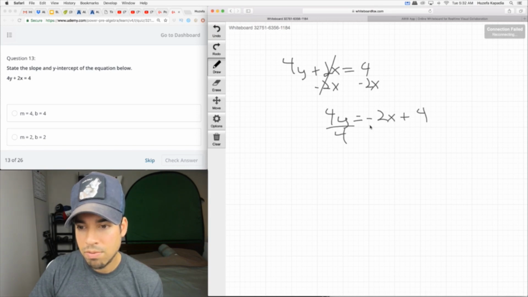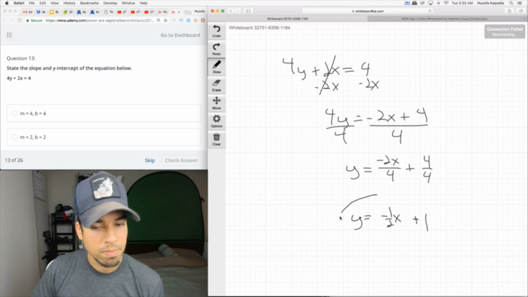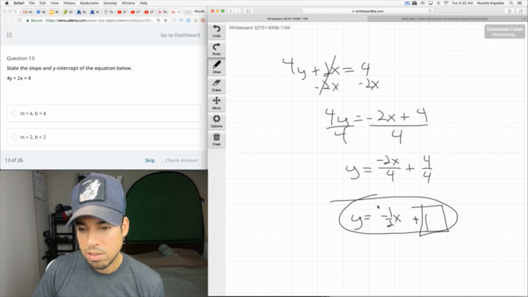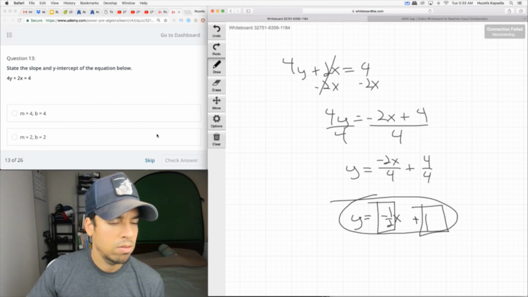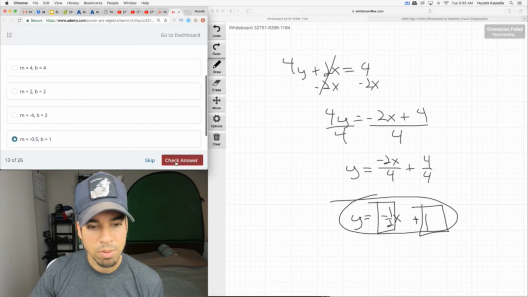Divide both sides by 4, and we get y equals -2x over 4 plus 4 over 4, which reduces to 1, and this reduces to -1/2 x. Right, 2 over 4 is -1/2. My y-intercept is 1. My slope is -1/2. That's it.